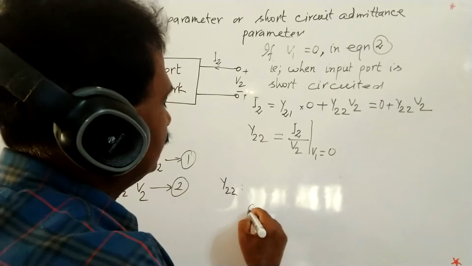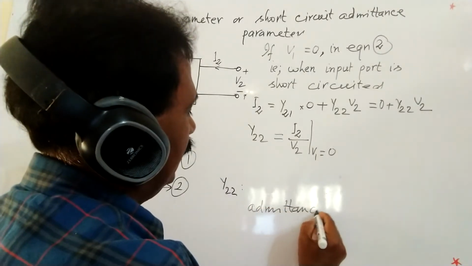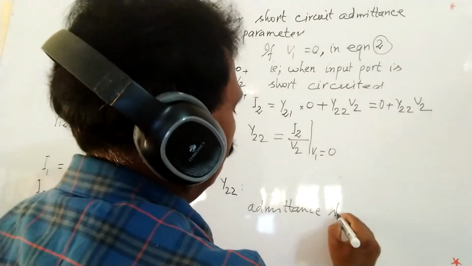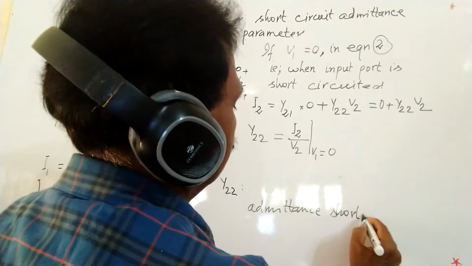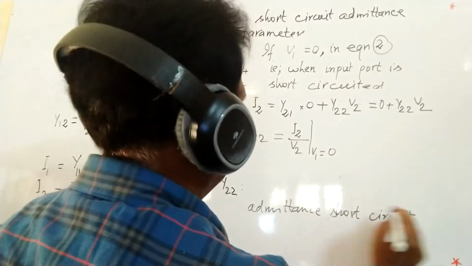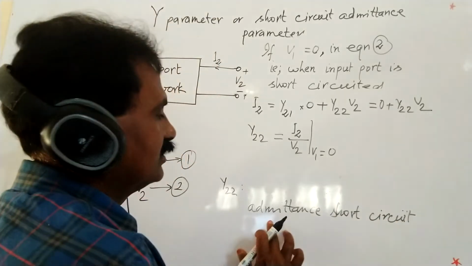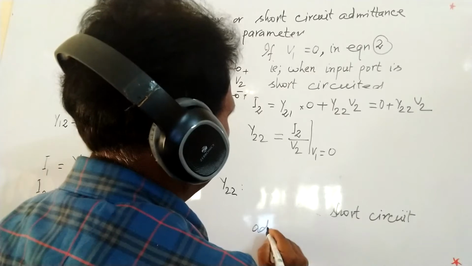Then this is known as admittance short circuit parameter, or short circuit admittance parameter.